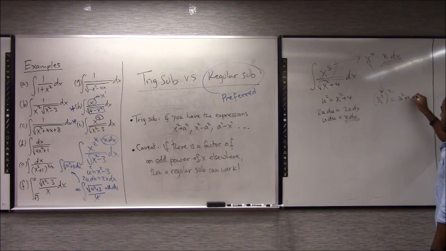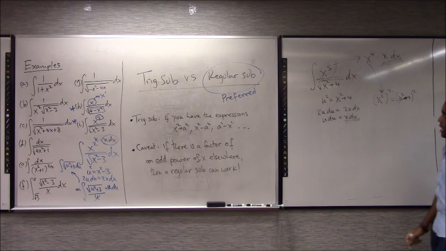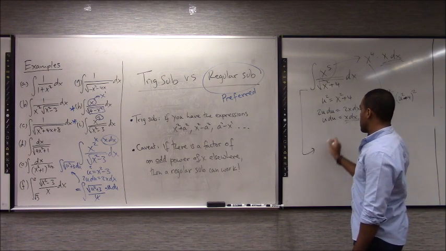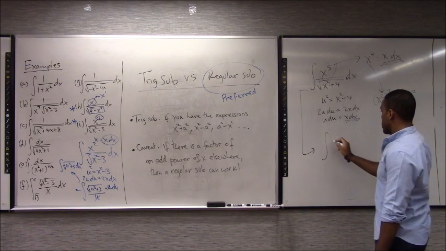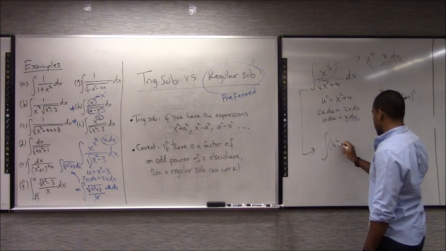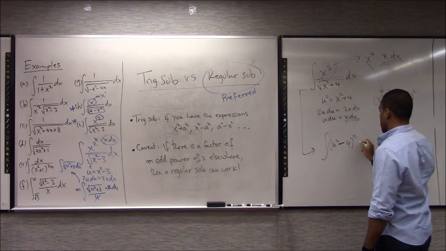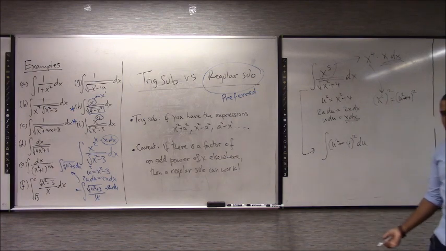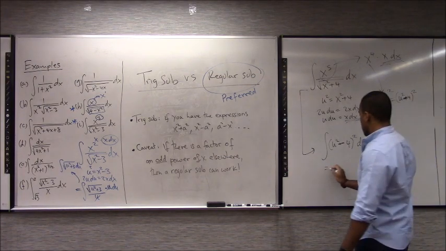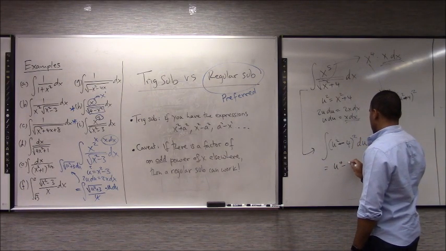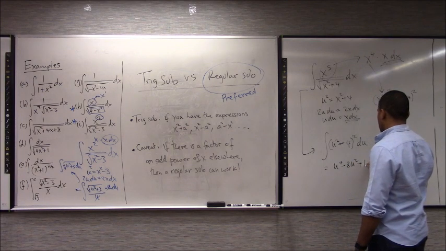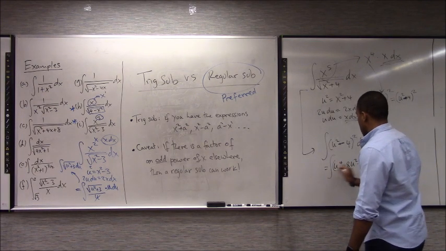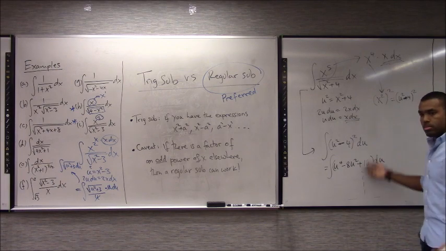That's just u squared minus 4, squared. And so now you can just swap this out, and it's going to turn into u squared minus 4 all squared du with a regular substitution. It's going to be u to the 4th minus 8u squared plus 16 du, and of course it's regular power rule from there.